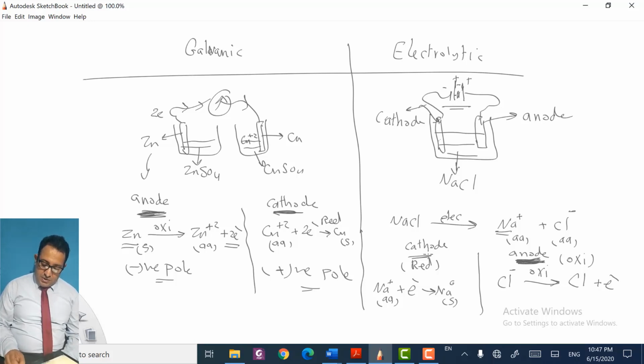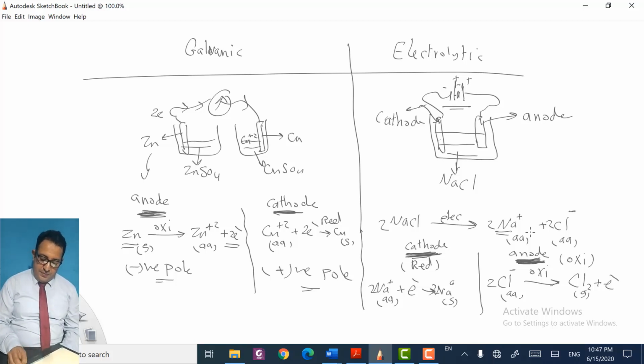So the anode in the electrolytic cell is the positive, while the cathode is the negative. For the balancing, since chlorine is evolved as a gas, it is diatomic, so all the equations are multiplied by 2 to be balanced.